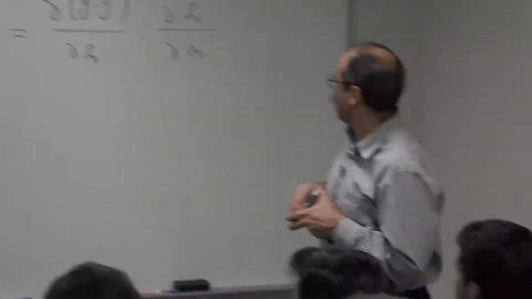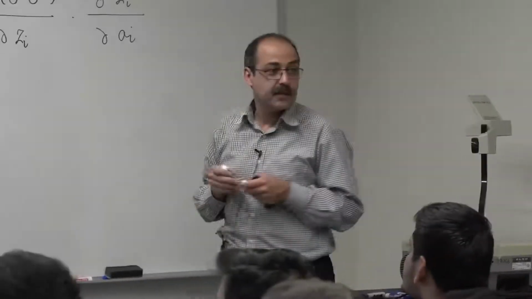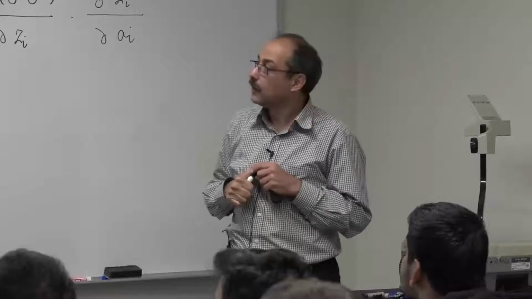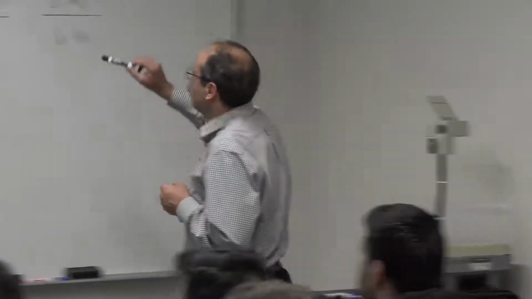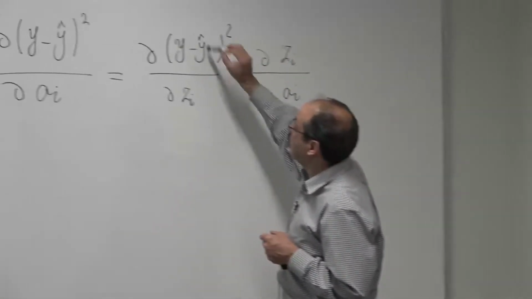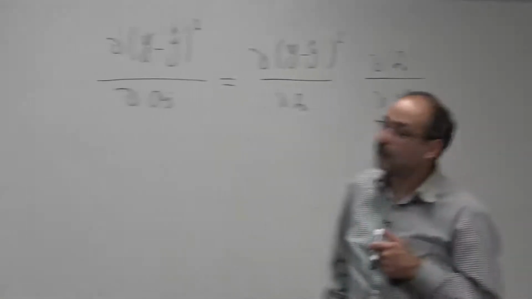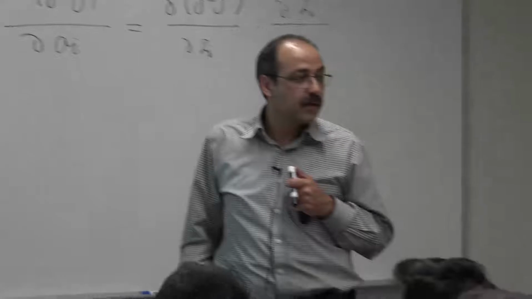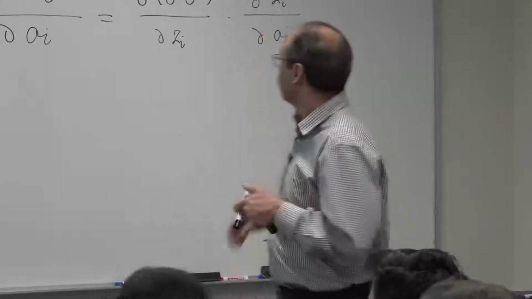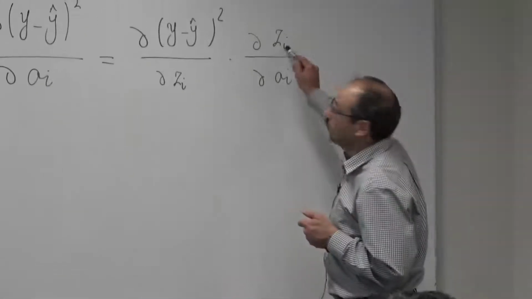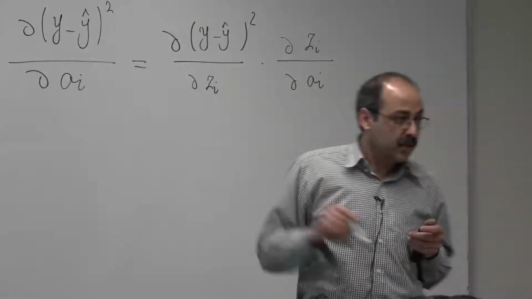So how does this help? You can continue in that manner until you get to your output layer. No, if I do, I know that what's the derivative of this with respect to ZI? I mean, I have another quantity which is unknown. And do I know the derivative of ZI with respect to AI? This I know.